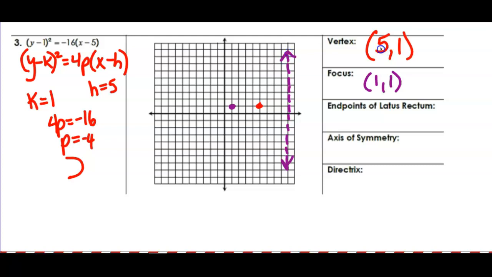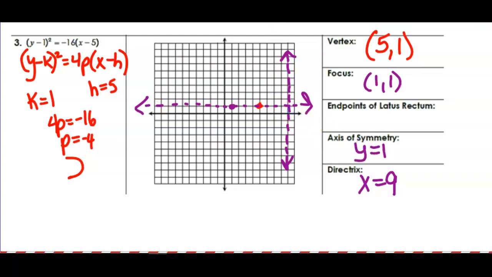So 4 added to the x value would be 9. The axis of symmetry runs through the focus and the vertex, so that would be y equals 1.